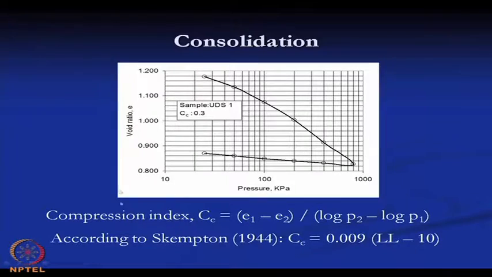Consolidation can be done in the laboratory, and there are some properties which are very important for our foundation design, basically for the settlement. Consolidation is very important for fine grained soil or clay soil, because in coarse grained soil the permeability is very high.